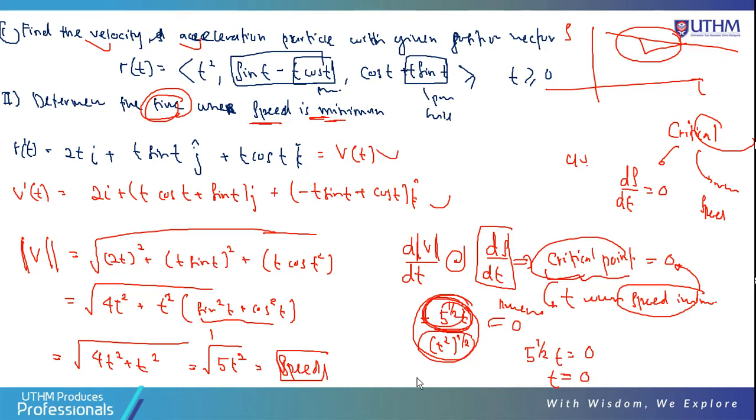So at time equal to 0 the speed is minimum, and the minimum speed is 5 times zero, which equals zero.